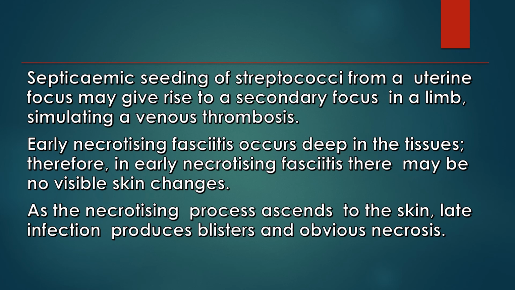Early necrotizing fasciitis occurs deep in the tissues. Therefore, in early necrotizing fasciitis, there may be no visible skin changes. As the necrotizing process ascends to the skin, late infection produces blisters and obvious necrosis.